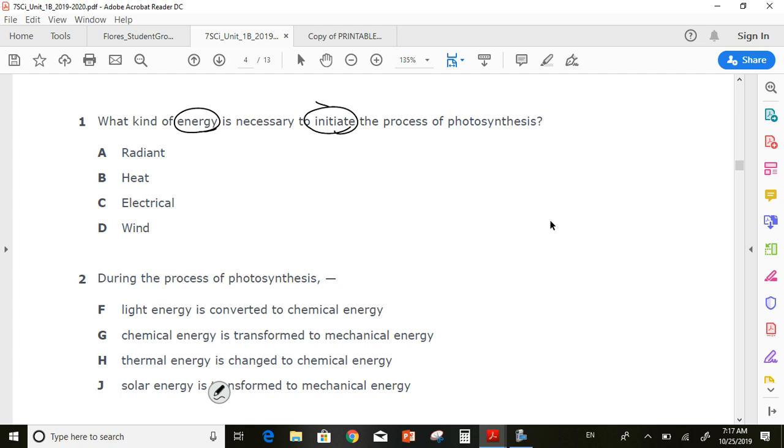Okay, if you don't know what the word initiate means, it means to start the process of photosynthesis. And we know that photosynthesis is trying to make food for plants. Okay? Food for plants. So what kind of energy starts this process?